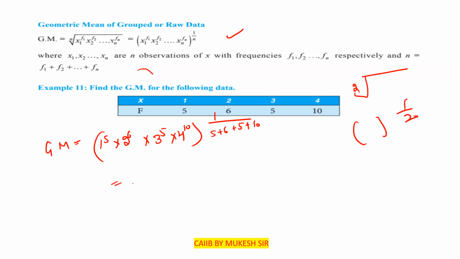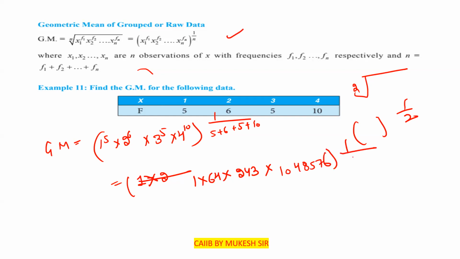On solving this, 1 power 5 is 1, into 2 power 6, which is 64, into 3 power 5, which is 243, into 4 power 10, which is a very big value, 104857.